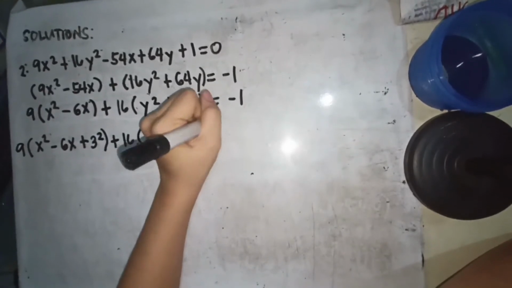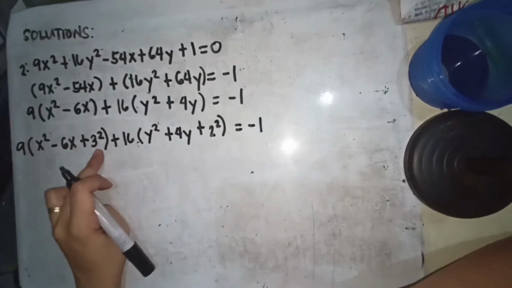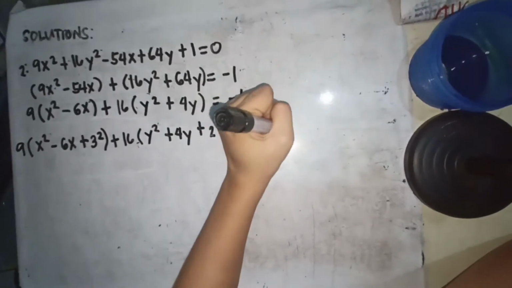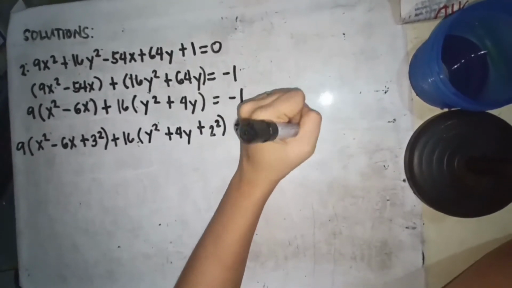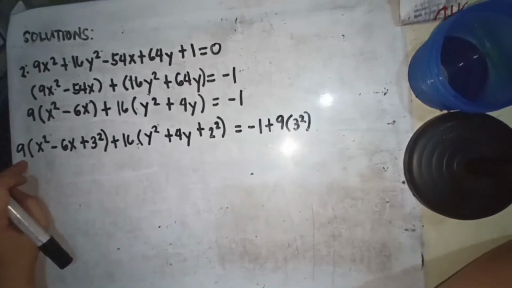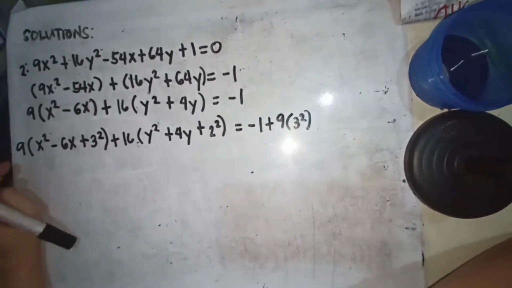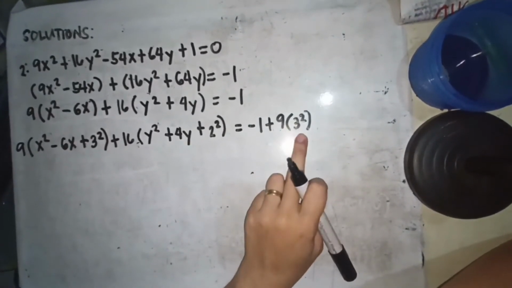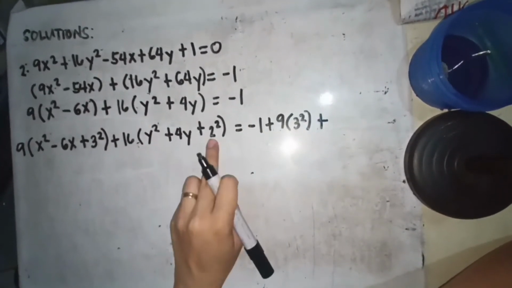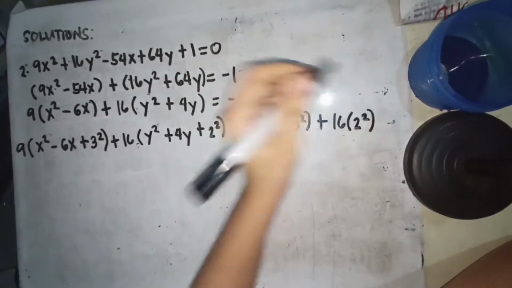So, we'll have 2 squared. This is equals to negative 1. So, since we added here, we multiply it on the outside. So, we'll have plus 9 times 3 squared. Because, again, the number outside is the one we factored out. So, what we added here is only multiplied by this. So, we have 9 times 3 squared. Plus, same with here, we have 16 times 2 squared.